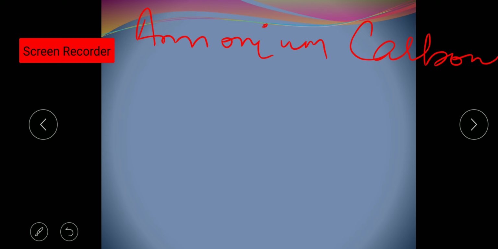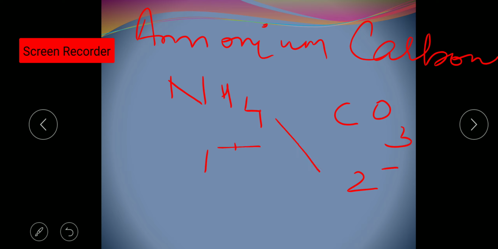Okay. Ammonium valency is 1, and carbonate, first of all you have to write down the symbol. Ammonium's formula is NH4 and carbonate's formula is CO3. Ammonium's valency is 1 plus and carbonate's valency is 2 minus. Now do the crisscross.